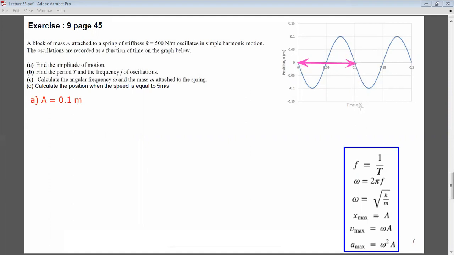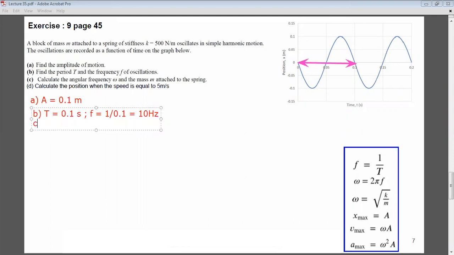The time for it is 0.1 seconds. So the period T is 0.1 seconds. Then we deduce the frequency: 1 over 0.1, which gives 10 hertz.